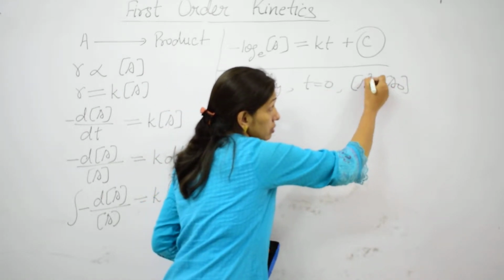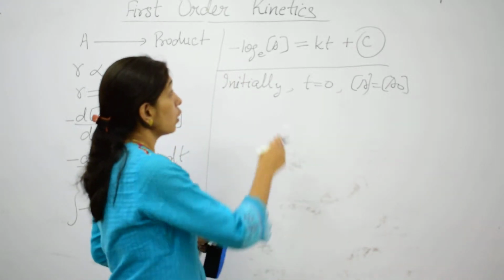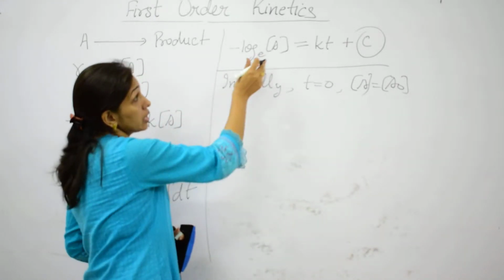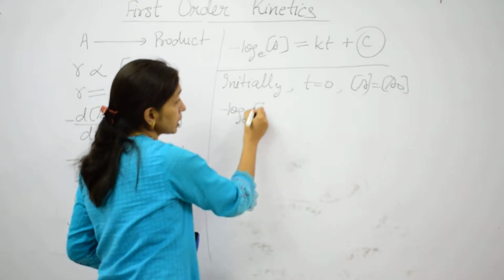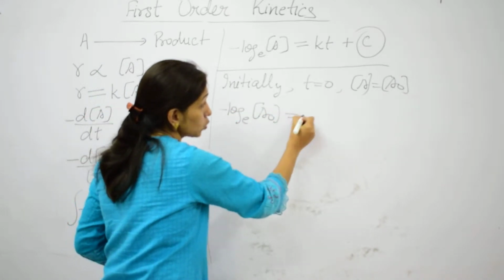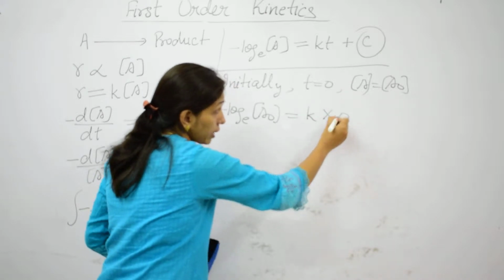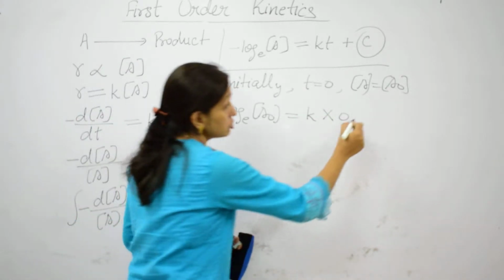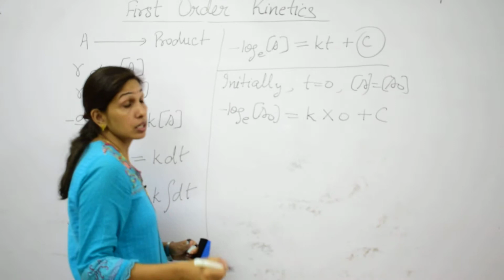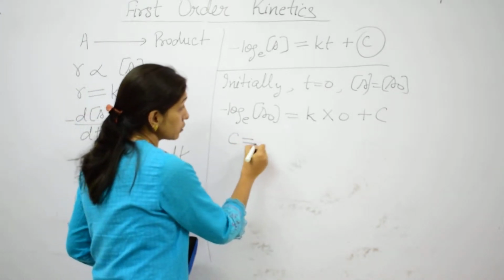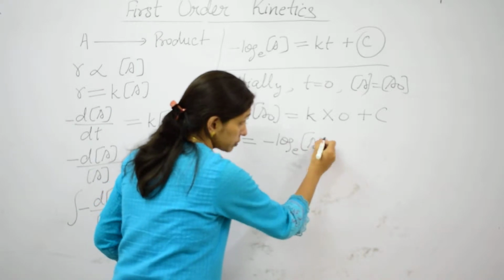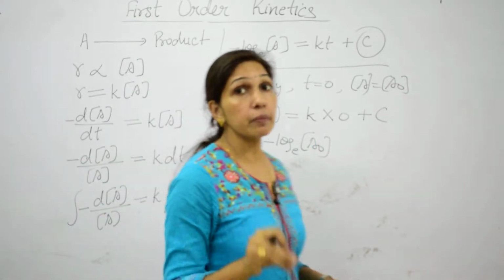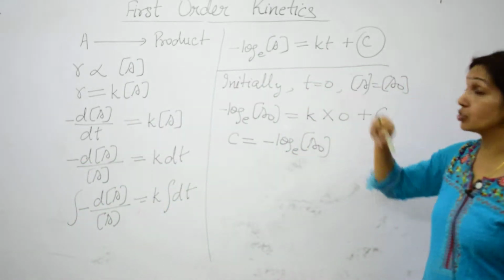On putting the value of A into this equation, we get minus log base E A naught is equal to K times 0 plus C. So, we are getting C is equal to minus log base E A naught. We can put the value of constant in equation 1.